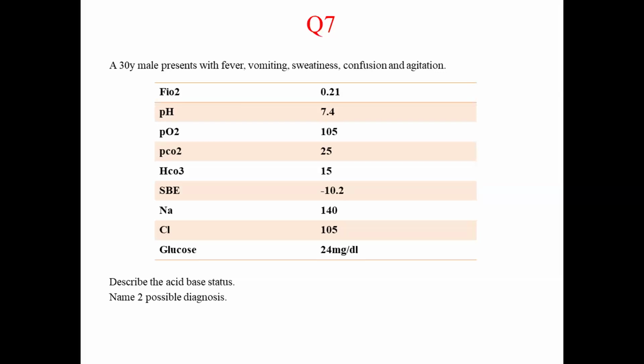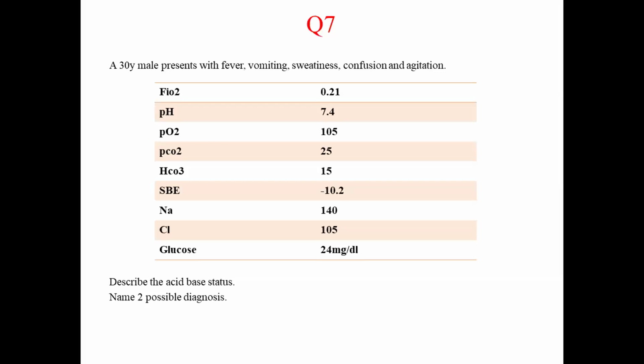Okay, since it is a metabolic acidosis, the anion gap is 15. So what is your delta ratio? Delta ratio is 0.9.